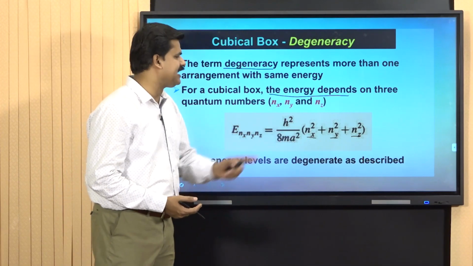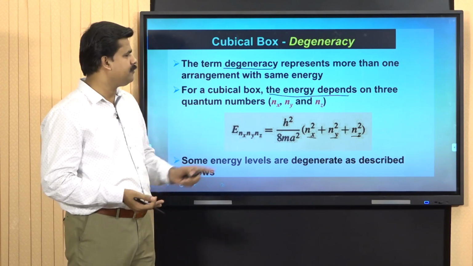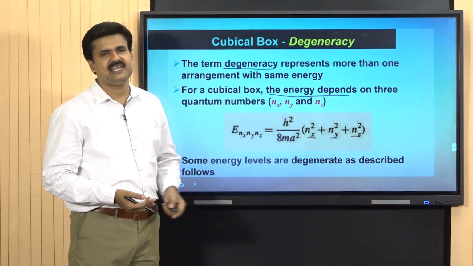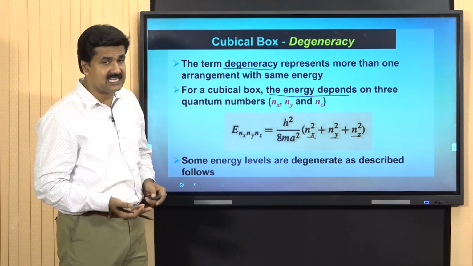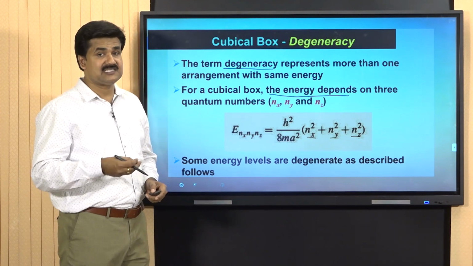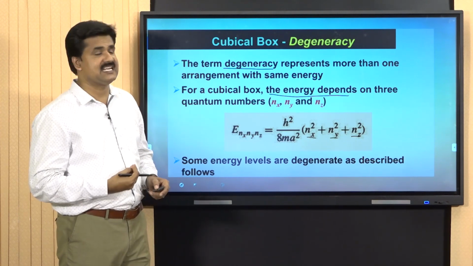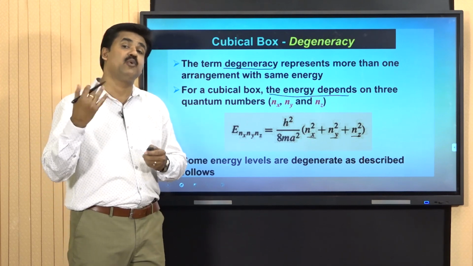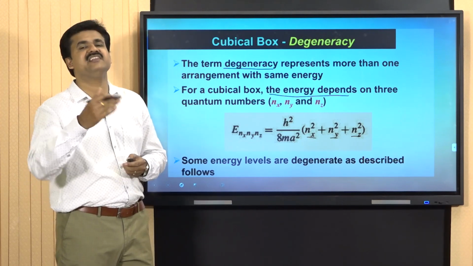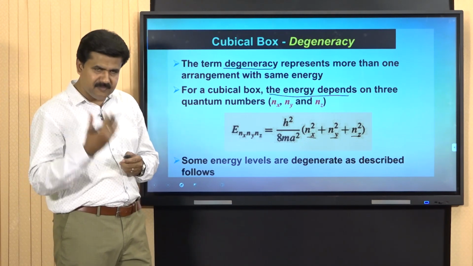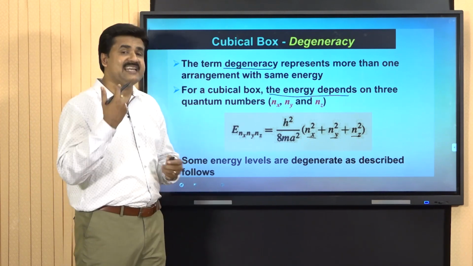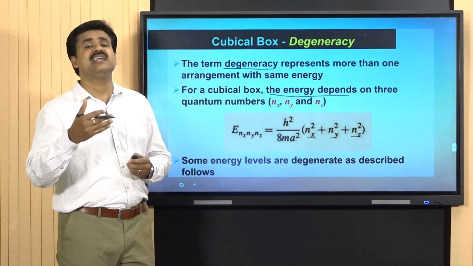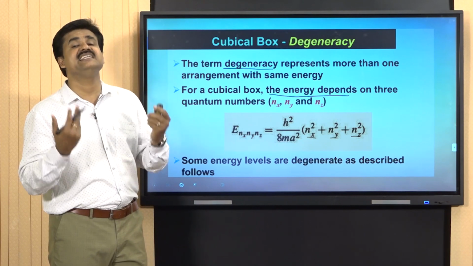By putting different values for nx, ny and nz, we can see that some of the energy levels, not all, have more than one possible arrangement with the same energy. That means some of the energy levels of a particle in a cubical box are degenerate.